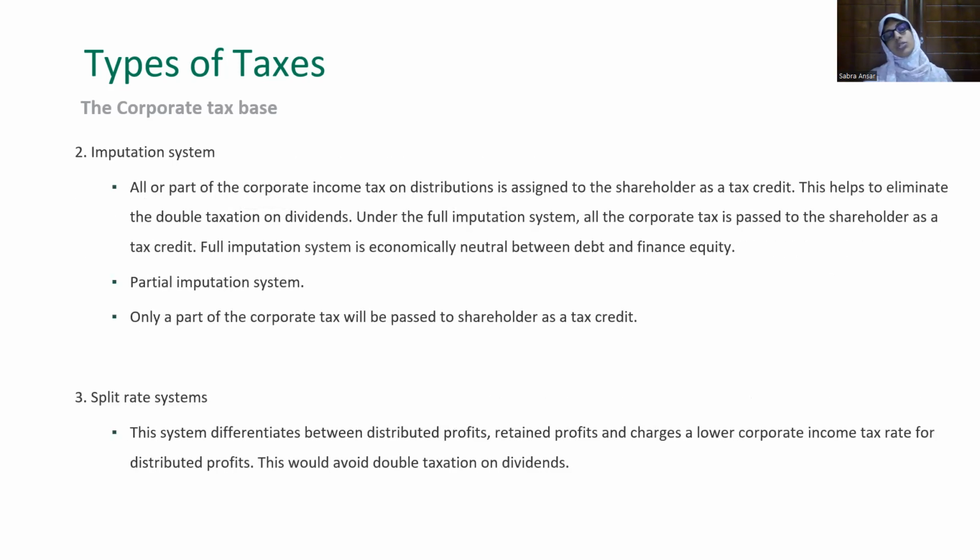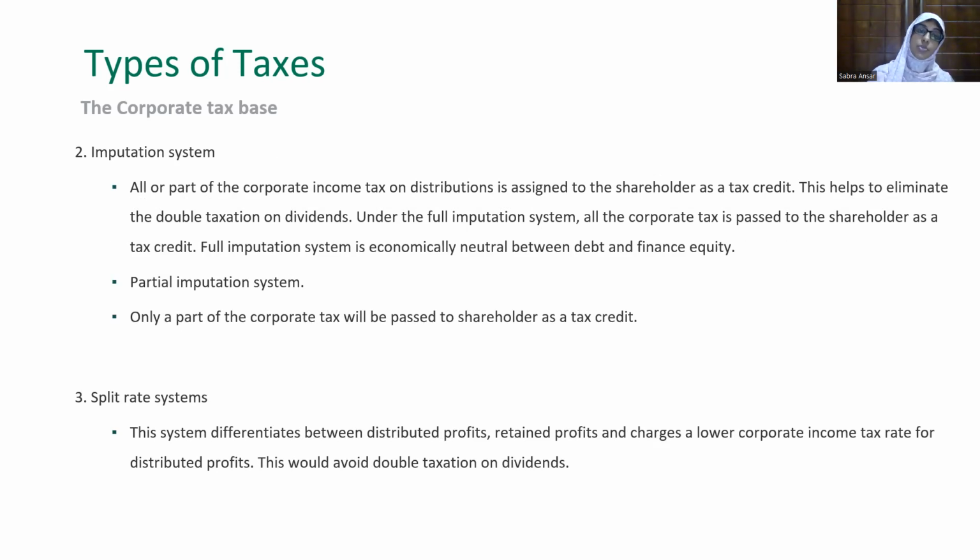Moving on, we are going to talk about the imputation system. Part of the income tax on distribution is basically assigned to the shareholder as a tax credit. This helps to eliminate the double taxation on dividends. Under the full imputation system, all the corporate tax is passed to the shareholder as a tax credit.